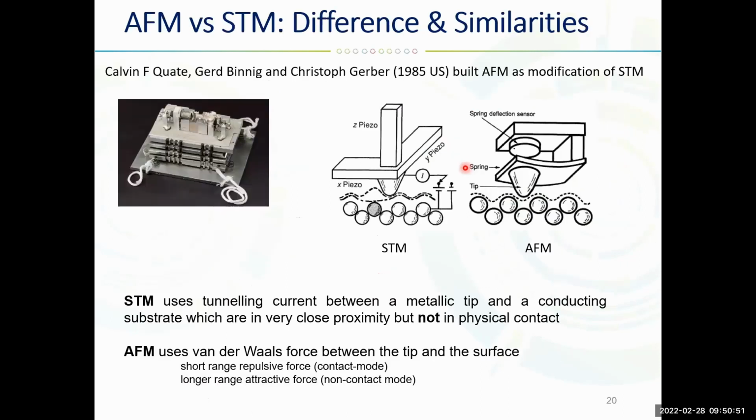Probably you have a question: what is STM and what is AFM, and how similar or different are they. AFM actually caused a revolution after STM was developed because it is a very cheap and extremely high resolution microscope.